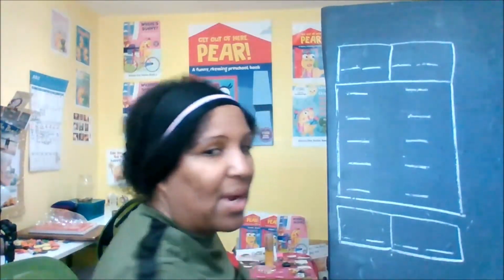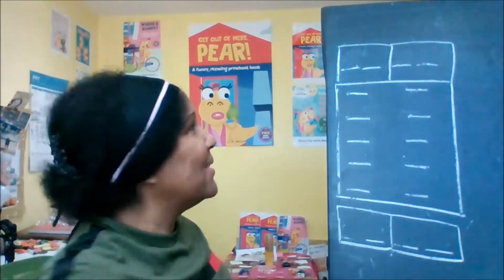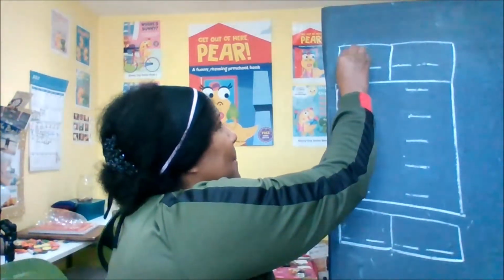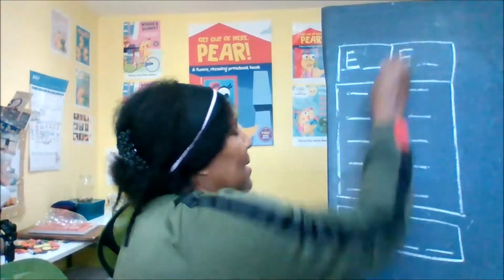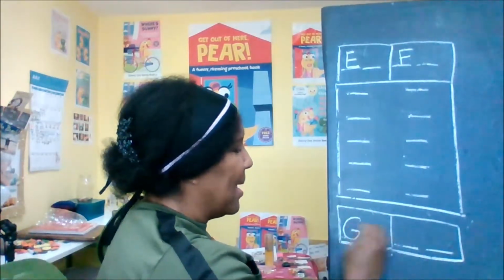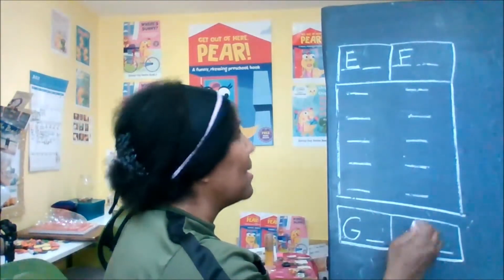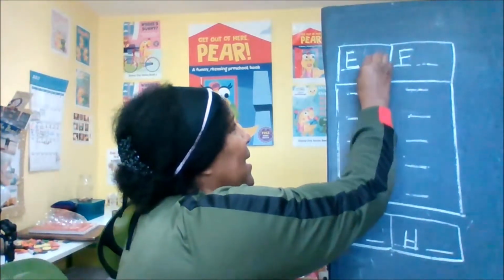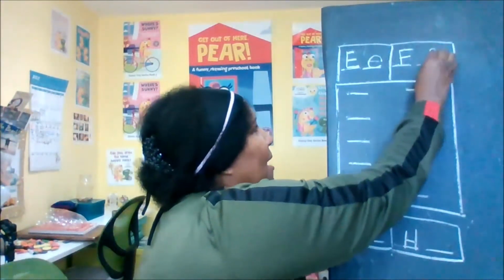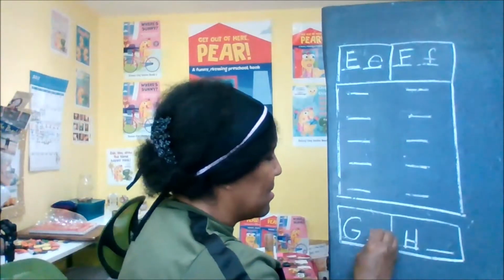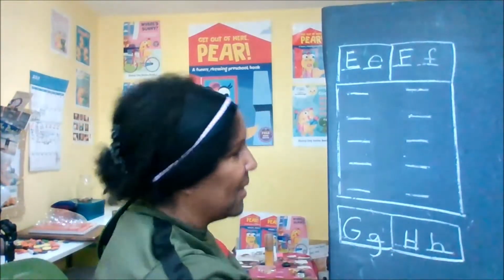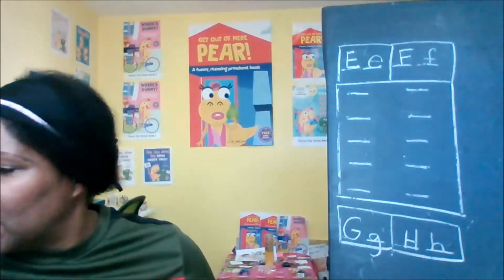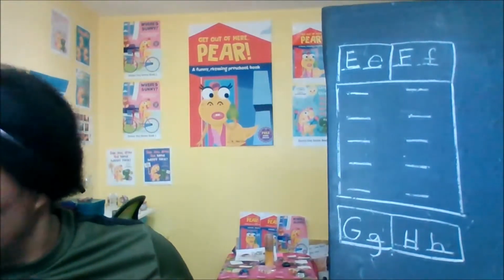So the next letter after D is E. Then it's F, G, and H. This is small e, small f, small g, small h. Find those letters in the light blue and in the yellow.